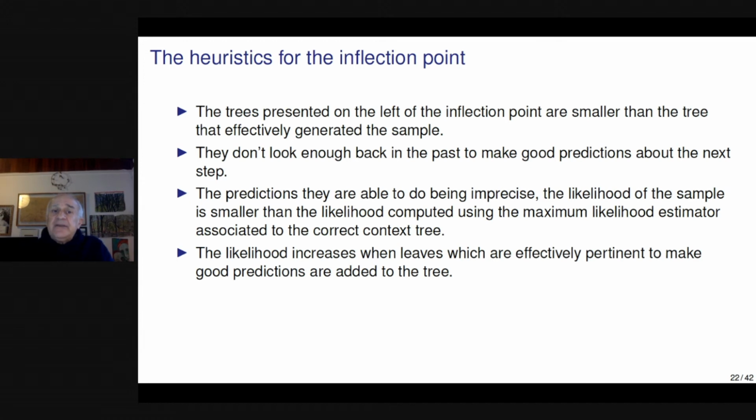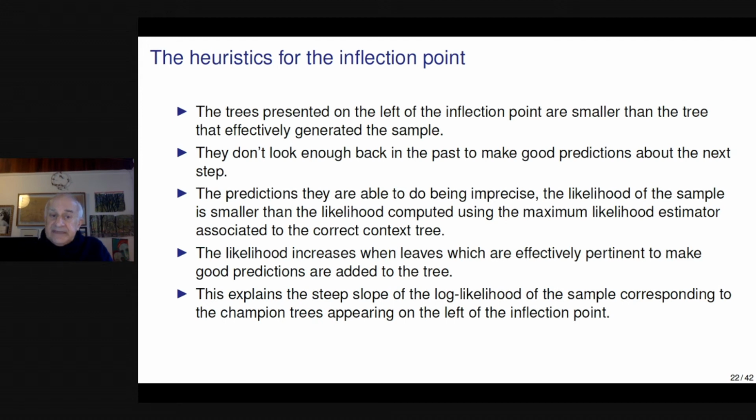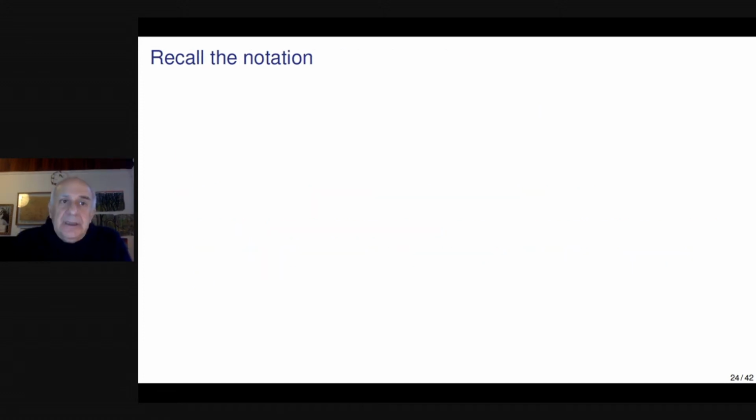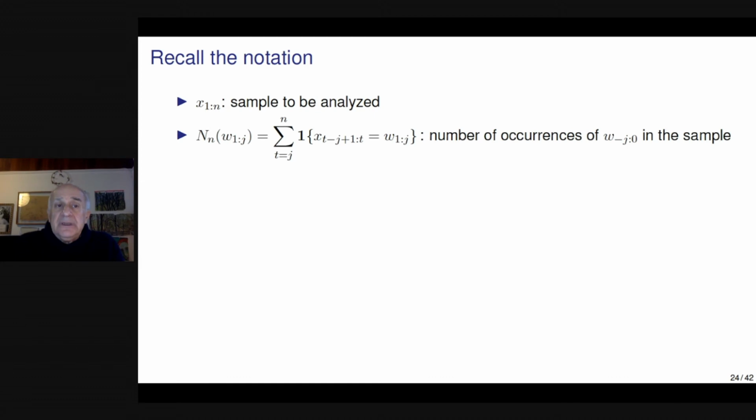Observe that the likelihood increases when leaves which are effectively pertinent to making good predictions are added to the tree. This explains the steep slope of the log likelihood of the sample corresponding to the champion trees appearing on the left of the inflection point. Recall the notation. X_1^n is a sample. This is the counting measure.